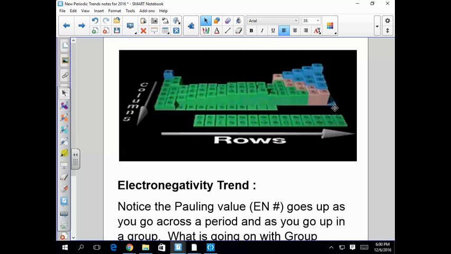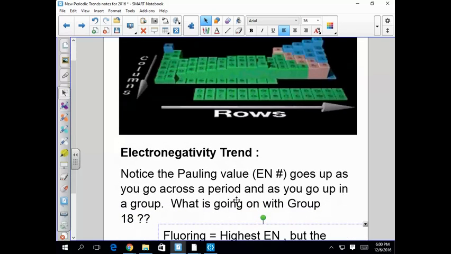But notice this right here on the side has a very low to zero value. That's the noble gases. The noble gases do not want to bond. They want to just be stable, having 8.